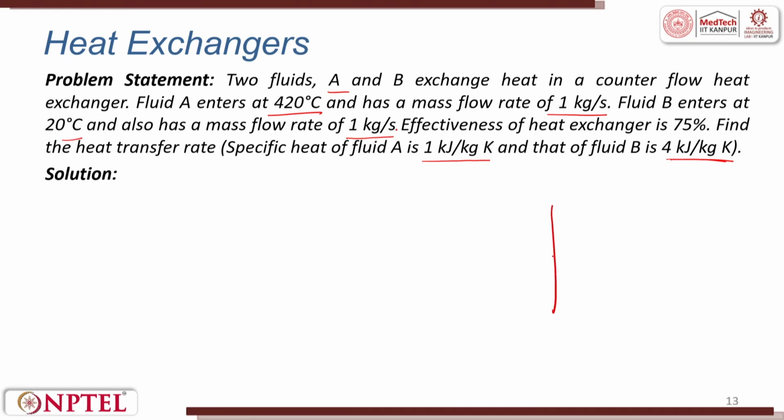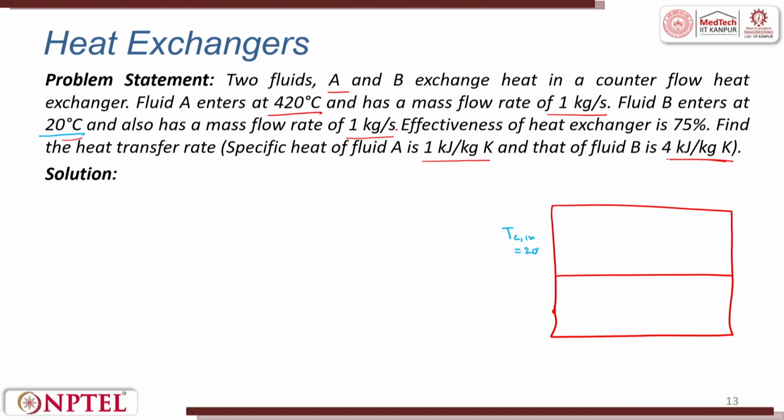So, this is a problem where we have a setup. This is a heat exchanger and there is a hot end and a cold end. This is the temperature of the cold end inlet, given as 20 degrees. It says the fluid enters at 20 degrees centigrade, and from the cold side there is an outlet temperature. Then from the hot side there is an outlet temperature, and from the hot side there is an inlet temperature, which is given as 420 degrees centigrade.